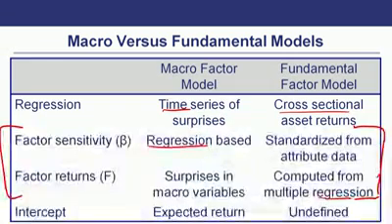And the sensitivity is the standardized attribute, which is what we've been talking about for the last several minutes. So anyway, macro versus fundamental models, or macro versus micro models, focusing on the difference between where the sensitivity comes from. Macro model out of regression, fundamental model as standardized attribute, all right?